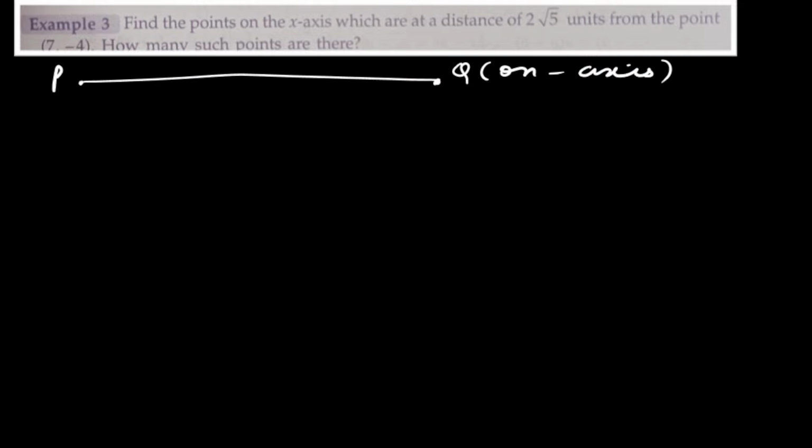P's coordinates given to us are 7, comma minus 4, and the distance between these 2 points is 2 root 5 units. So this distance is given to us.